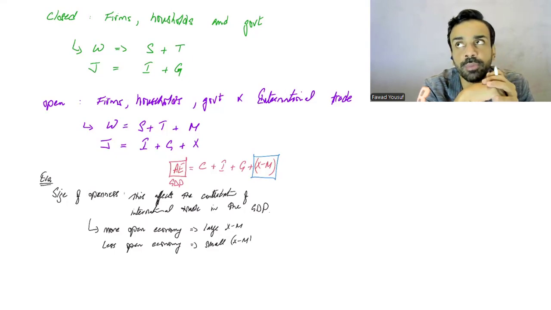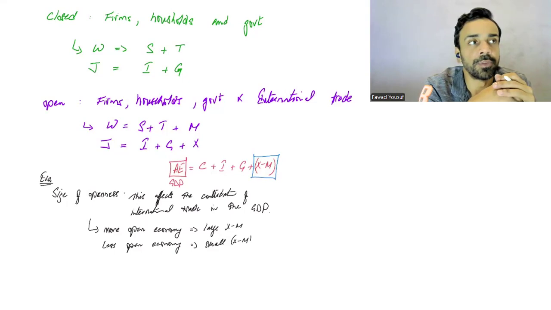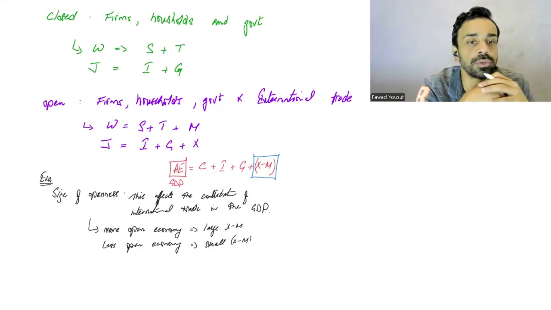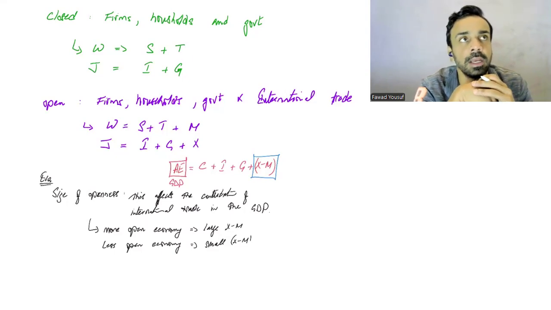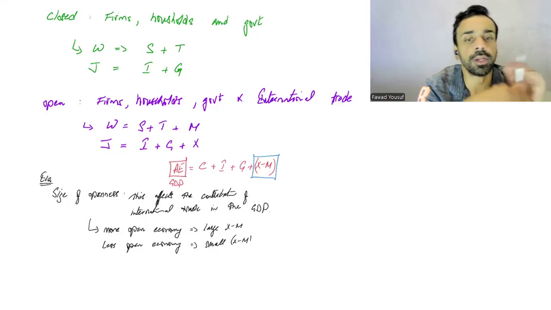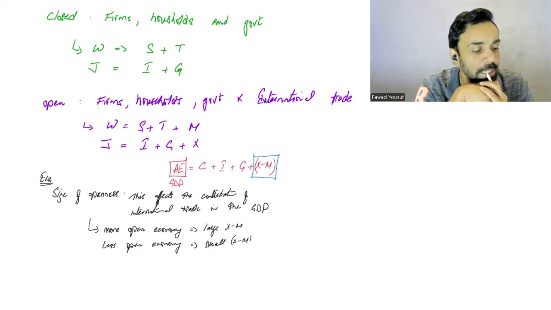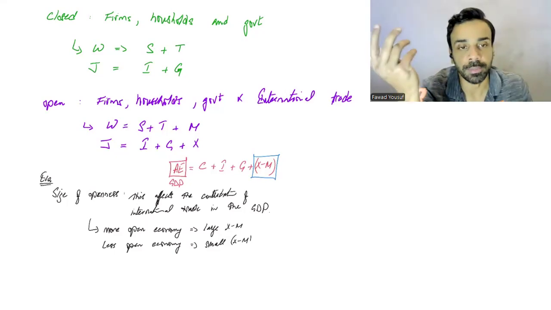X minus M को import duties या export duties और इस तरह की चीजें affect कर लेती हैं. But we have to make sure when we're writing, the question should not become about trade barriers, but rather the question should still remain कि एक closed economy से जब हम open economy में जाते हैं, how big of an impact it can have on the economy, right?